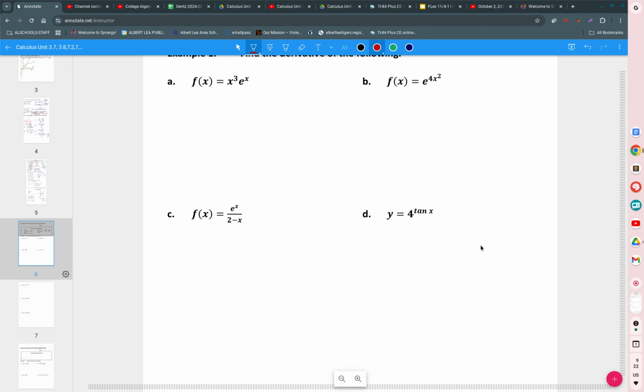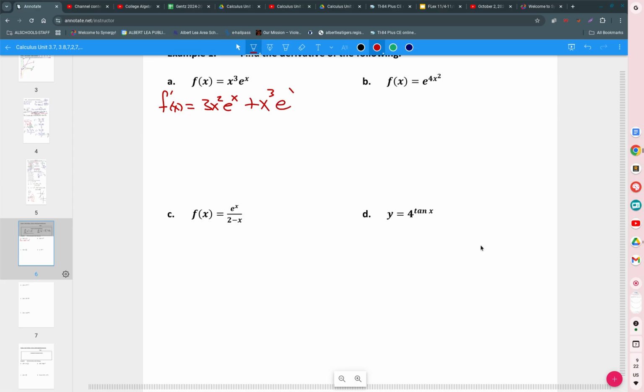What do you think about this first one? What comes to mind? x to the third times e to the x. Product rule, good. So f prime of x is equal to the derivative of x cubed, 3x squared, times e to the x, plus x cubed times the derivative of e to the x.